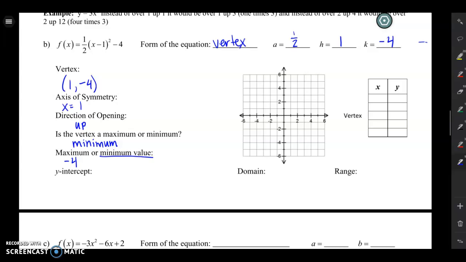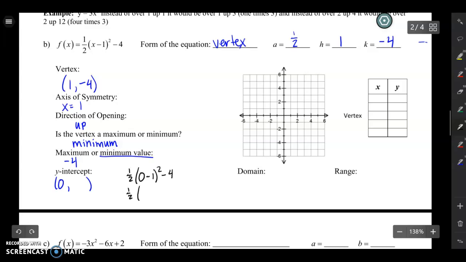Now your y-intercept is going to take a little bit of extra work here. It's not too bad though. You just are going to plug in 0 for x. So when I have 0 for x, then what does my y equal? So let me change colors and do some kind of scratch work over here. So I have 1/2 times 0 minus 1 squared minus 4. So 1/2 times -1 squared minus 4.